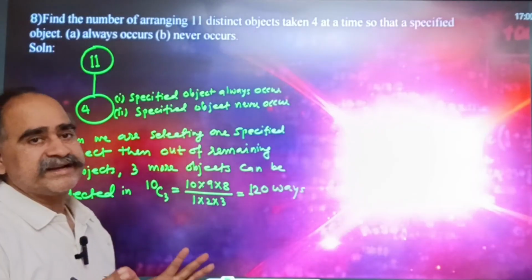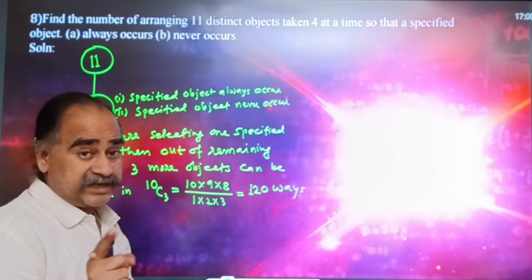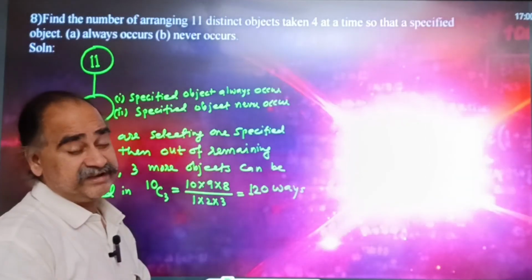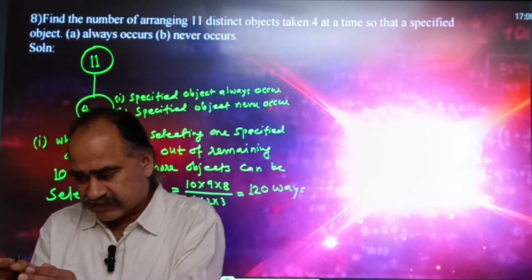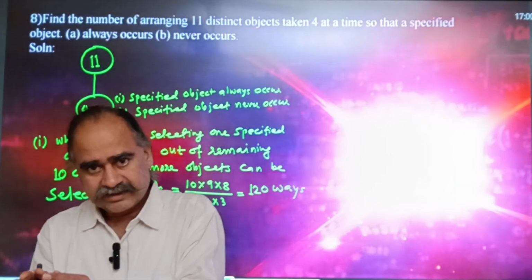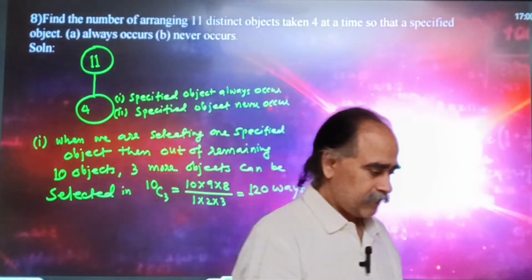One object we have already taken, now 3 more objects can be taken in 120 ways. Now in the selection we got that particular object, then the remaining 3, 4.